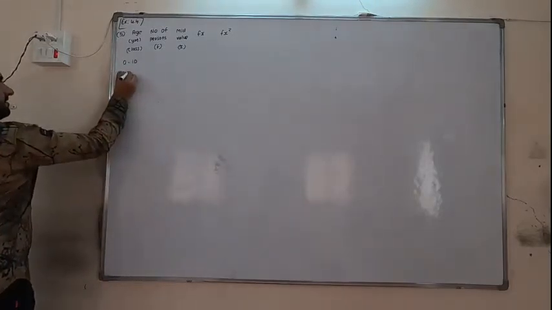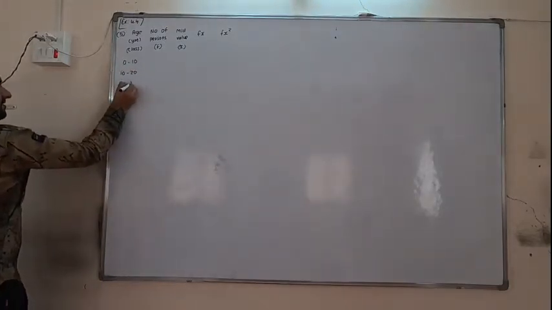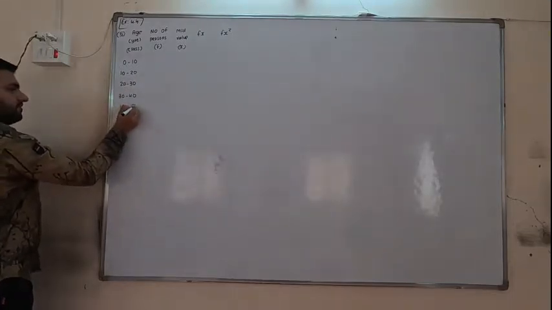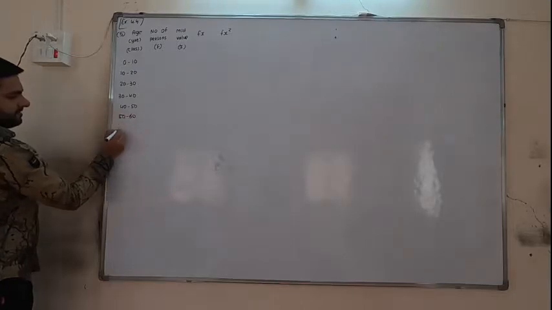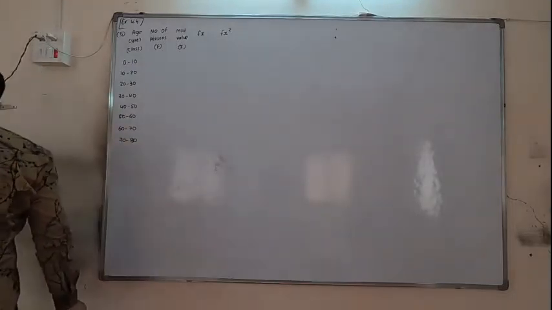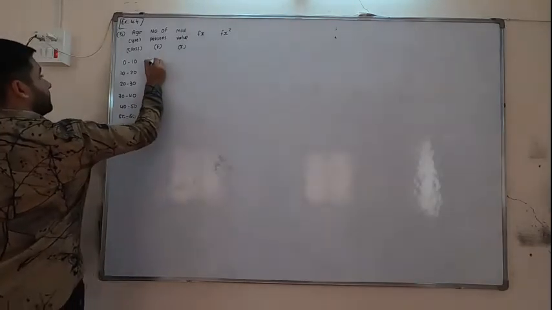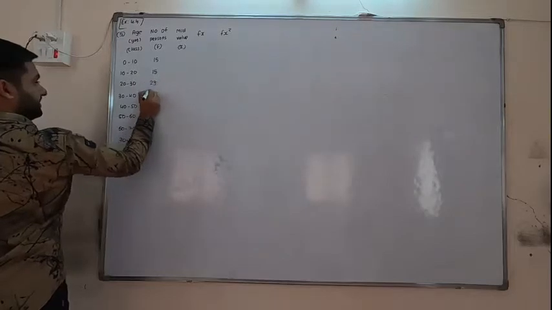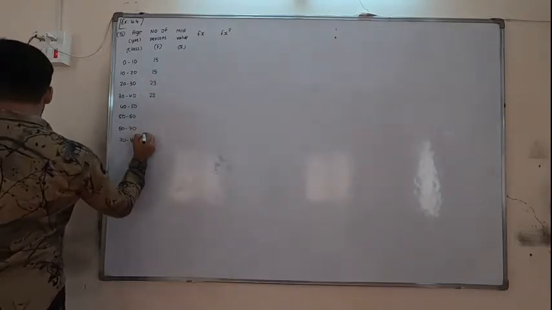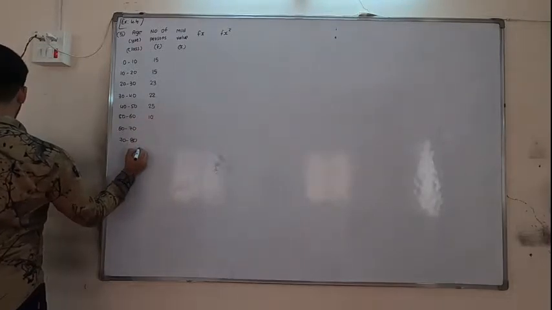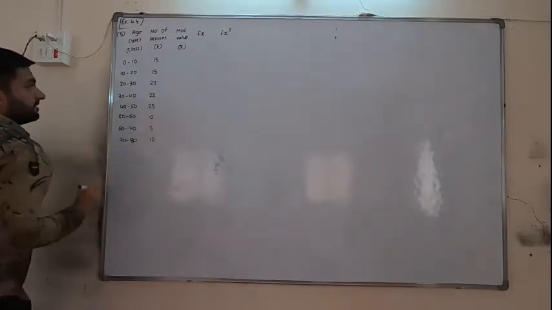Classes: 0 to 10, 10 to 20, 20 to 30, 30 to 40, 40 to 50, 50 to 60, 60 to 70, 70 to 80. Frequencies: 15, 15, 23, 22, 25, 10, 5, 10.